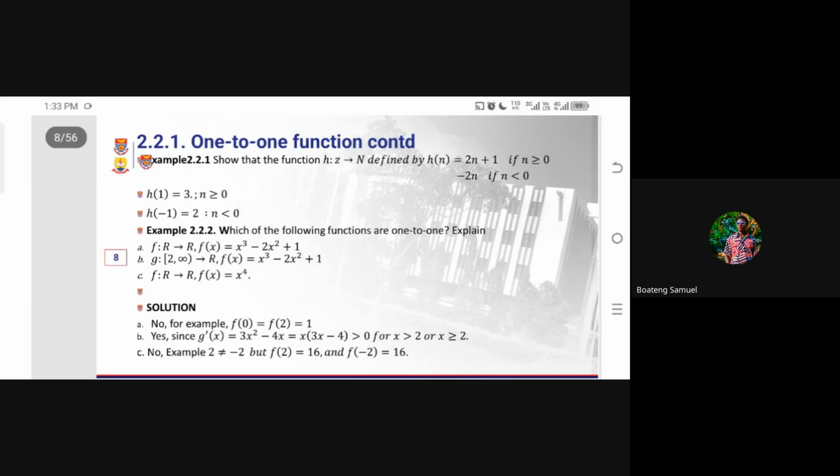And then the next thing, we want to show that the function h, the mapping of n, h of n is equal to n plus 1 if n is greater than or equal to 0.